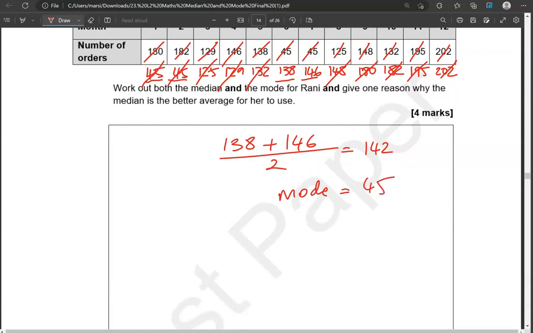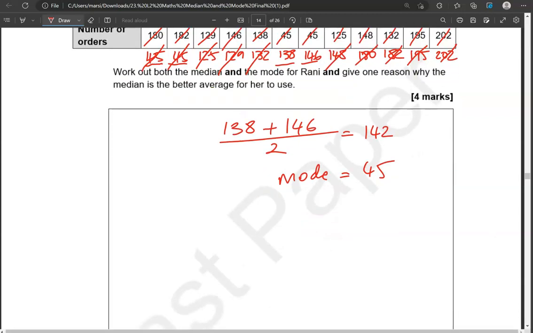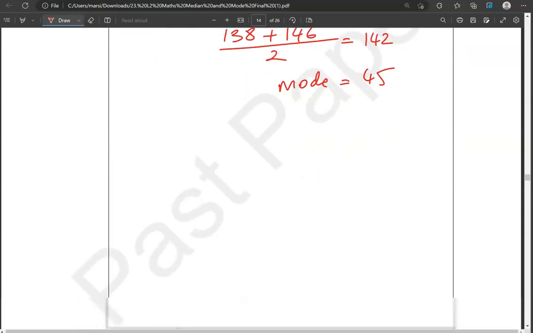So as you can see, that's the lowest number and it appears twice. The rest of them are greater than 100. So the mode is the lowest value, lowest number of orders. It's not a number that represents the average, something in the middle. That's the reason why the median is the better average for her to use.